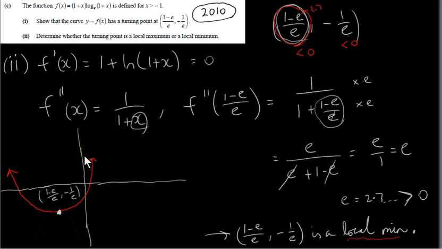So the graph can't turn back down again. If it was to go back down again, then we would have a second turning point. We would have two solutions to f prime of x equals 0. We've only got one solution to f prime of x equals 0. So the graph must keep continuing on indefinitely in these directions.